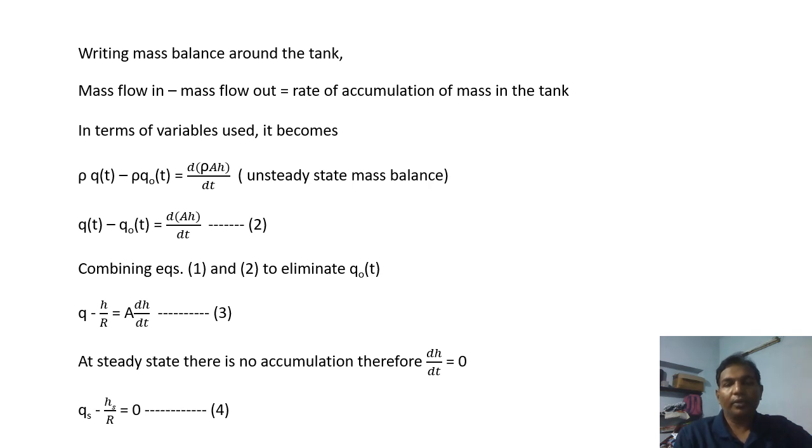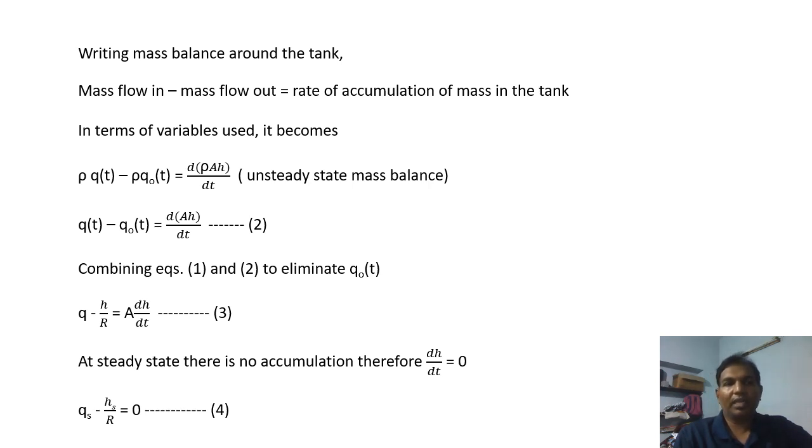So here you can see that the volume of liquid entering the tank is given as Q of T, and the volume of liquid going out of the tank is Q naught of T, and we have a constant density, and the constant cross-sectional area of the tank being A, and the height of the liquid being H.